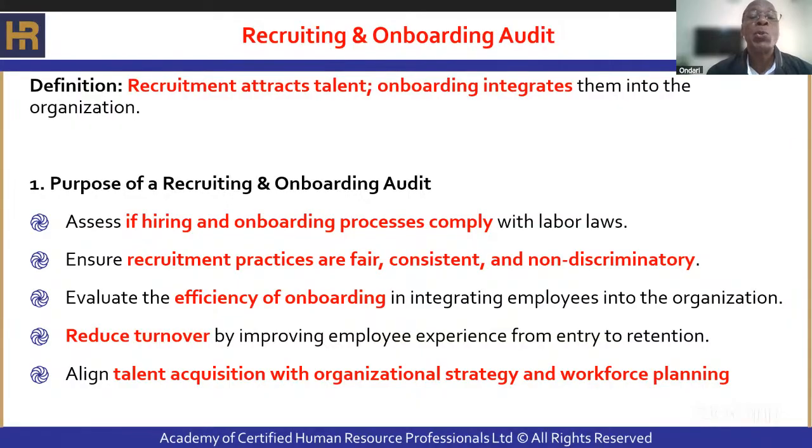And how do we attract, or what can attract people to an organization? One, brand name of an organization. Two, the jobs. Three, the compensation and rewards. And four, the work environment.